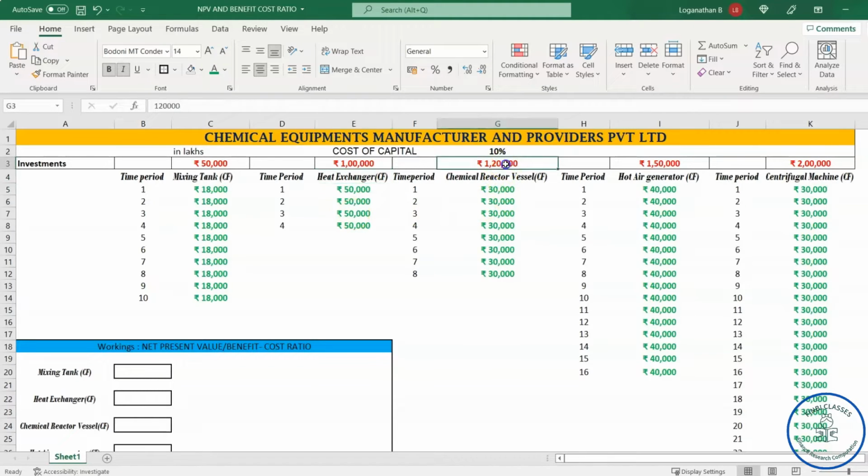Then you have the chemical reactor vessel investment of 1,20,000, and the cash inflow they are having is 30,000 for the period of 8 years. In a similar way, for the hot air generator, they have the investment of 1,50,000, and the regular cash inflow is 40,000 for a time period of 16 years.